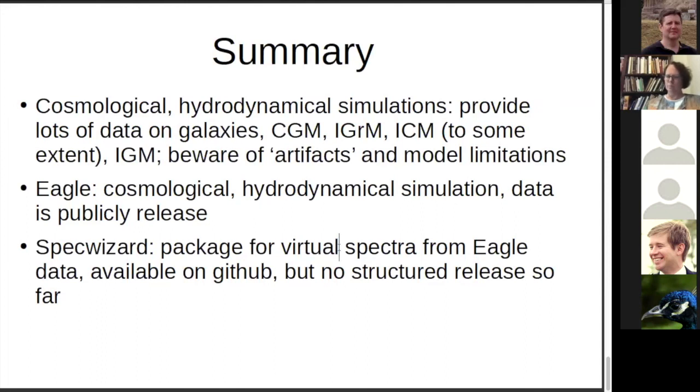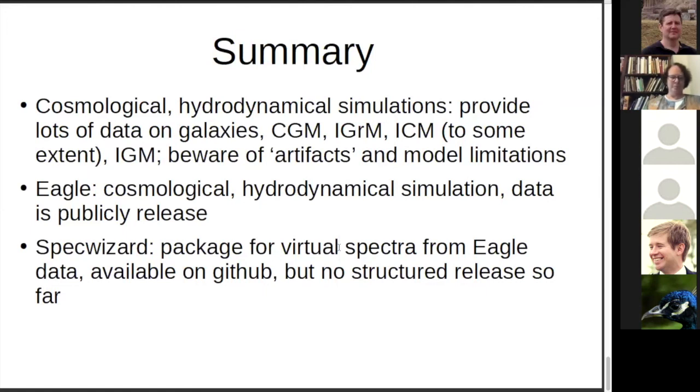Also, if you want to do absorption spectra, SpecWizard isn't the only package available. For example, Trident is an available package that has links to a lot of cosmological simulations, so that's another thing you could use. SpecWizard is the one that I use, so I'm qualified to talk about it. These packages tend to work roughly the same way.